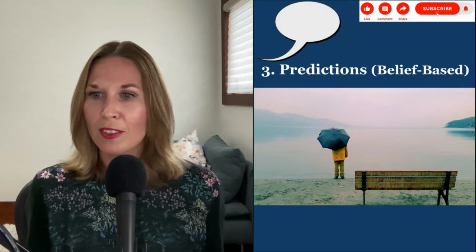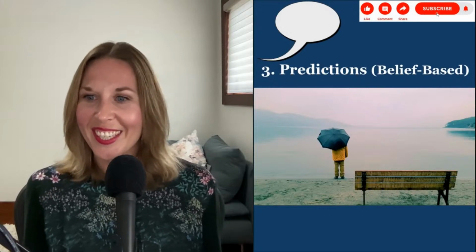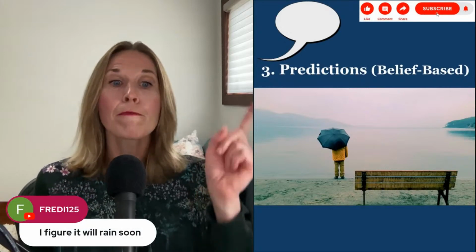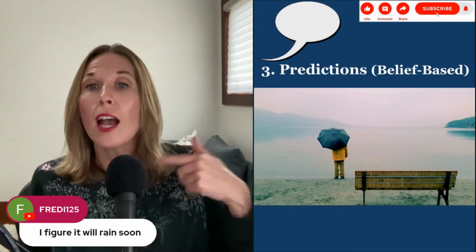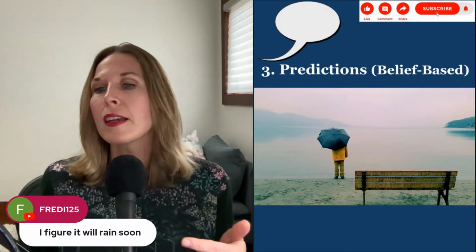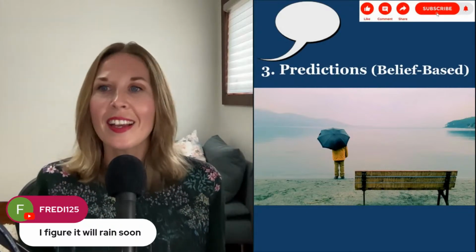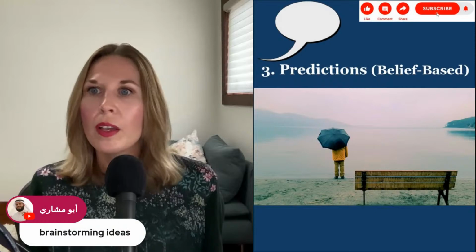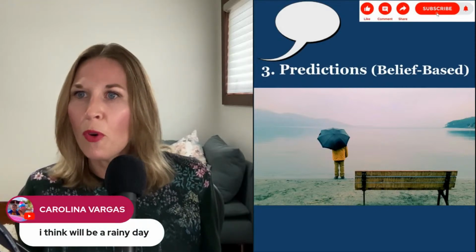What do you think? A prediction. This one should be pretty easy. I figure it will rain soon. Very nice, because I figure is another way of saying I think. I figure it'll rain soon. Excellent job. Here we go.